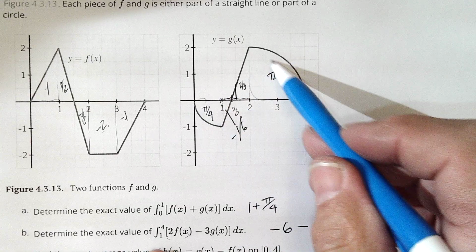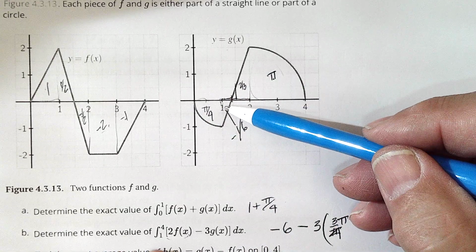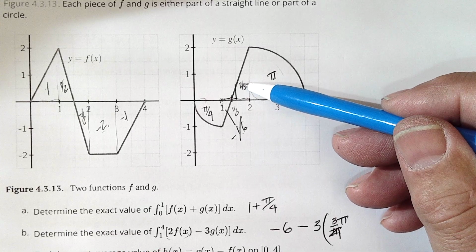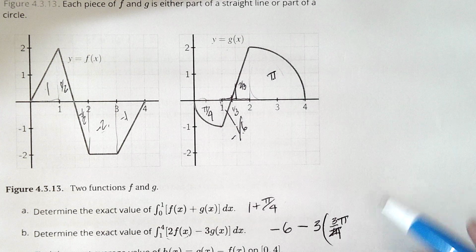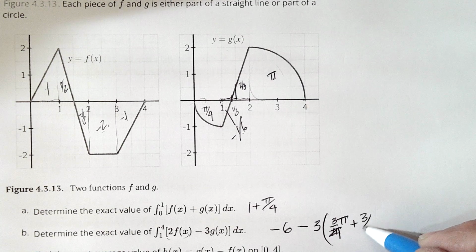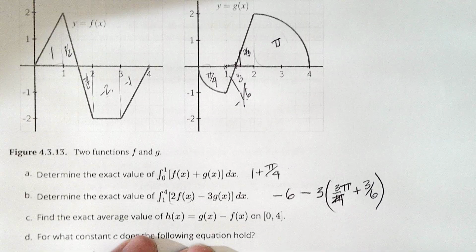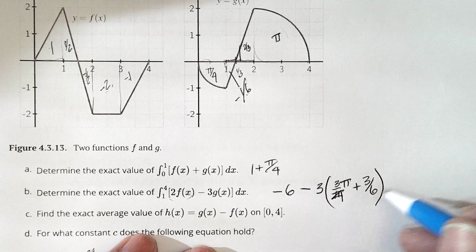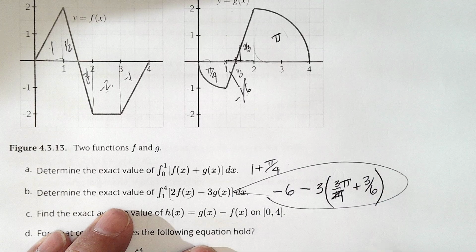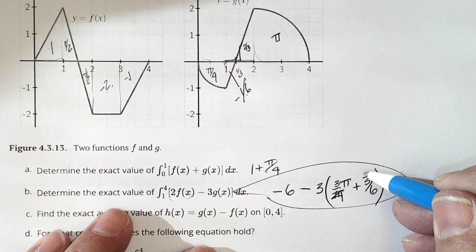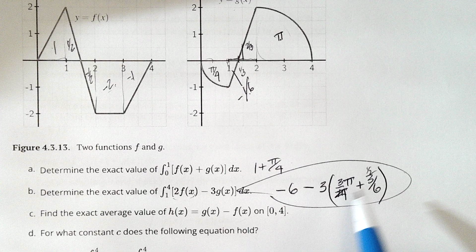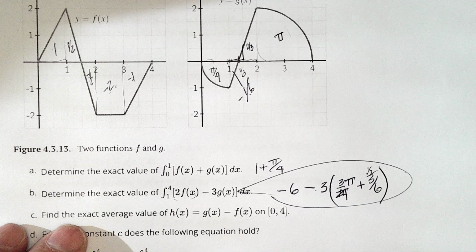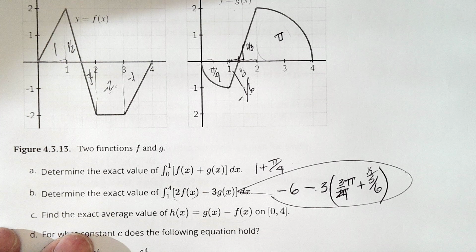This and this are both in pi, and then we got minus 1/6 plus 4/6, so that's plus 3/6. So we got to take 3 times this and subtract it from that. But here's an exact value you can do. That's 3/6 is 1/2. And 3 times 1/2 is 3/2, and you can figure out what that is if you want to simplify it. Not necessary.